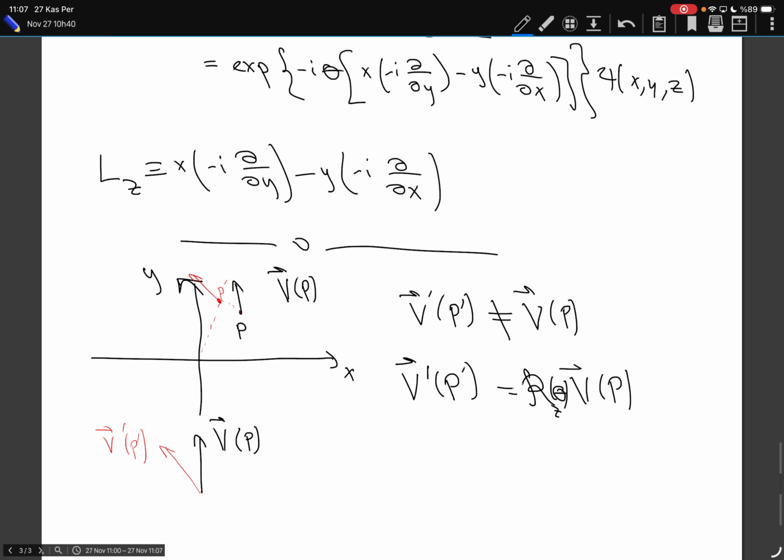Well, I have actually calculated what V of P is. This is V of P prime e to power minus i theta Lz. Are you convinced?